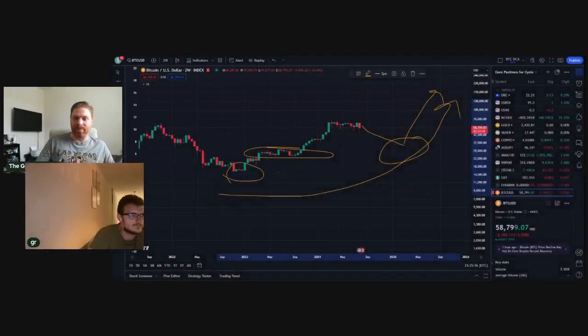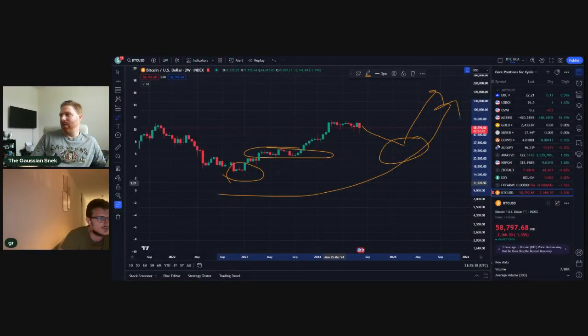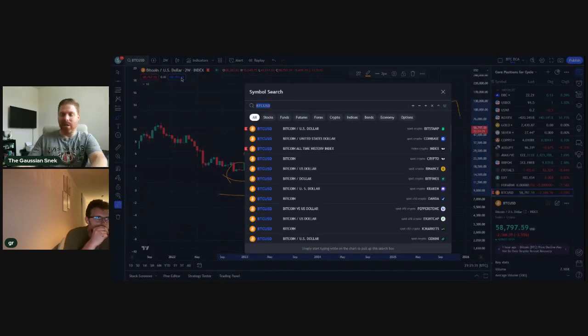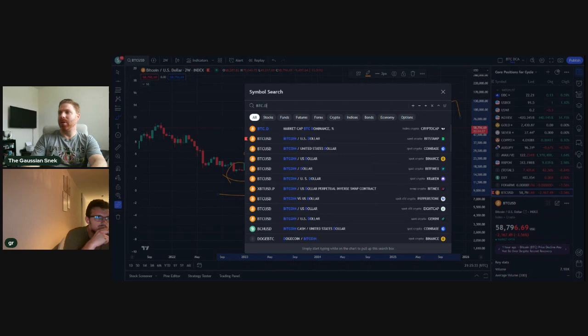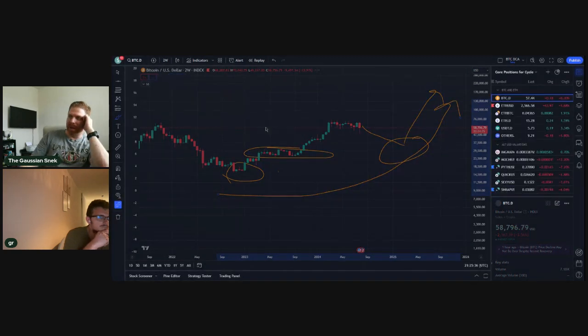So I think what you'll see happen, as far as altcoins are concerned, is that altcoins are more risky, so they are not going to do well while Bitcoin is dumping. But what you might see start to happen is a shift in Bitcoin dominance during that time. You might see ETH Bitcoin start to bottom out.